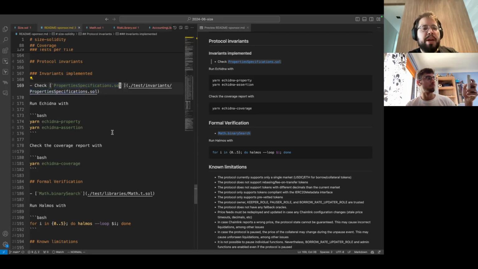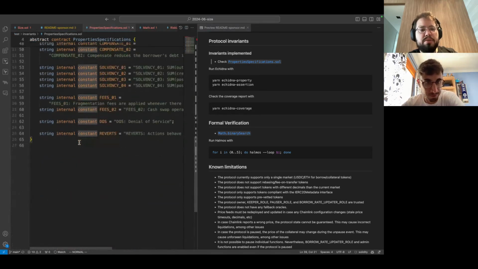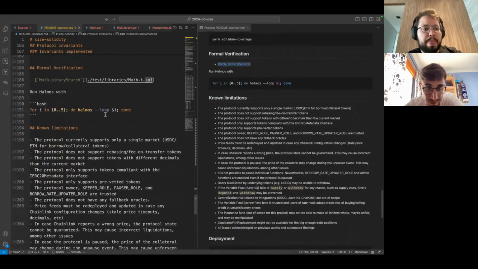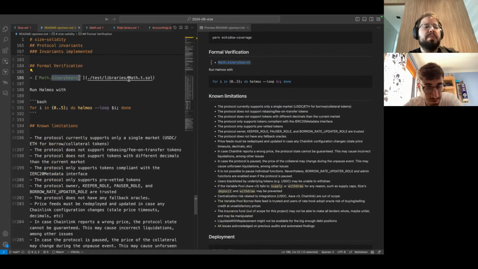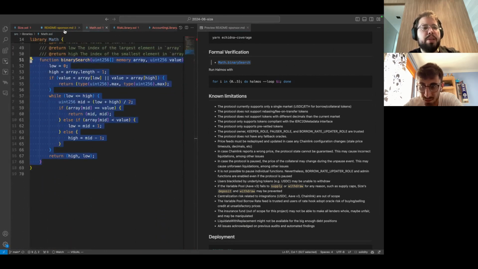But basically, I also added that on the README. We have a list of properties for the protocol, and also tests for these properties. We also did some Halmos tests for one tricky math function, a binary search algorithm. So we verified that with Halmos.